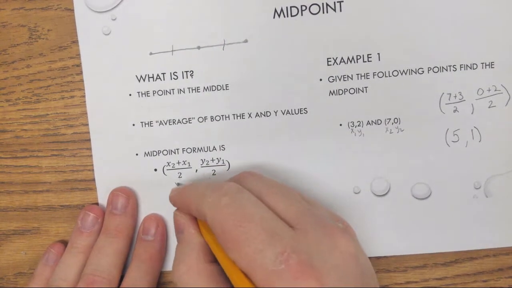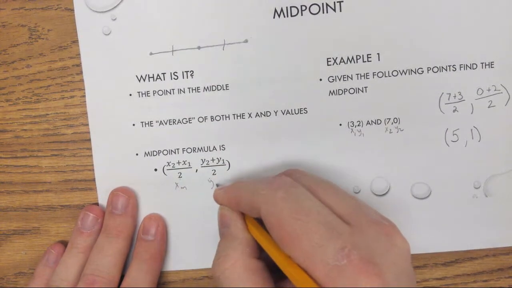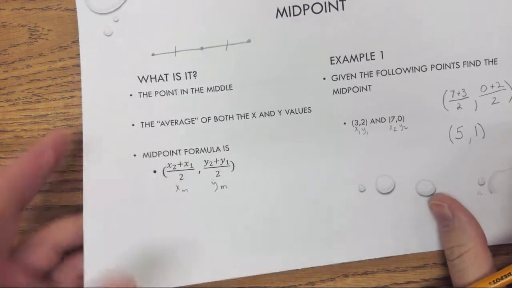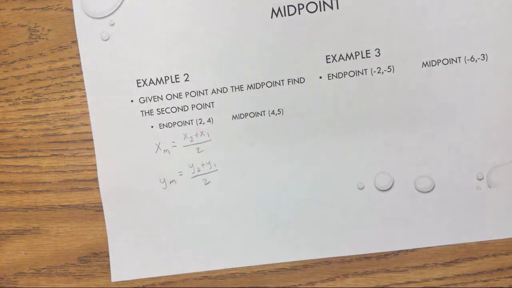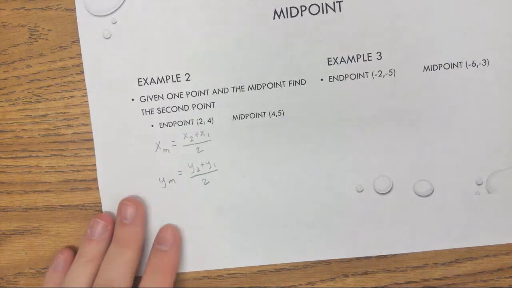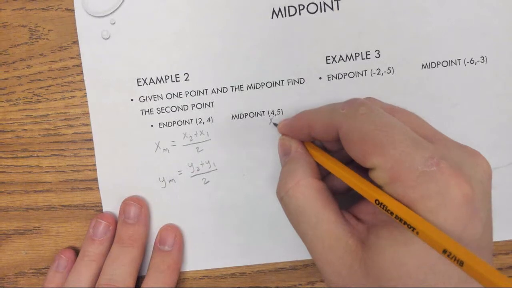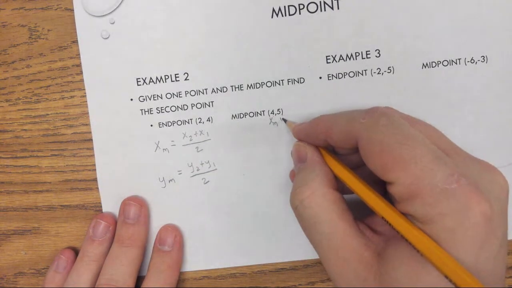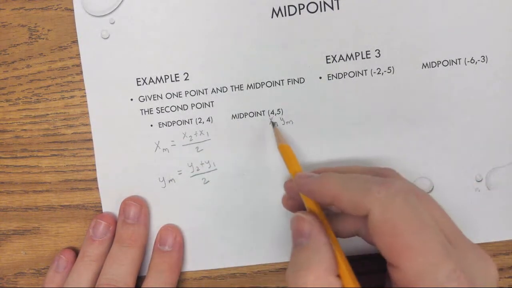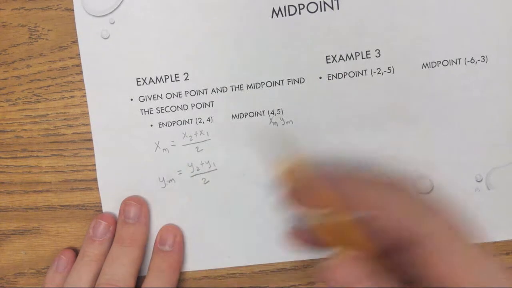This is the x value of the midpoint. This is the y value of the midpoint. We're just writing them differently, and we're going to plug these other pieces in here differently. Because I know that this is the x value of the midpoint, and I know that this is the y value of the midpoint. So these values are going to go here.